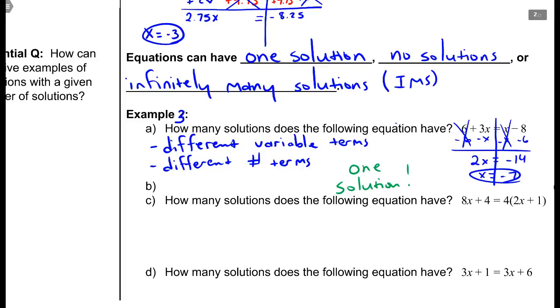Okay, so let's look at what should be B. How many solutions does the following equation have? 8x plus 4 equals 4 times the quantity of 2x plus 1. So what you're looking for here is the same variable term and same number term.